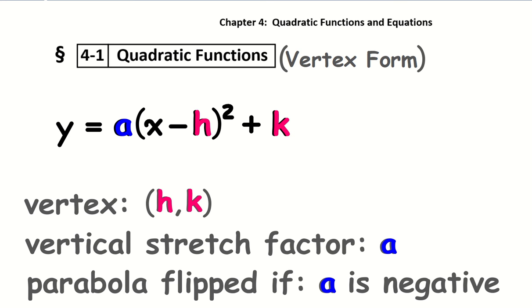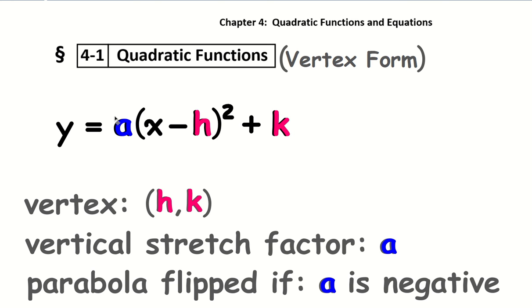But this is going to be, what do we do if what we are given is this thing called vertex form? So there's like another major type of form that you can be given a quadratic function in, and it'll pretty much result in you doing a different strategy. So here is what vertex form is.